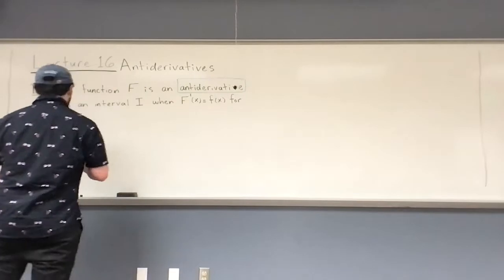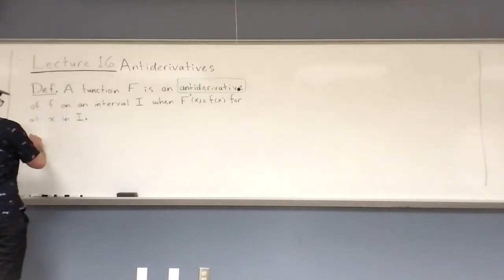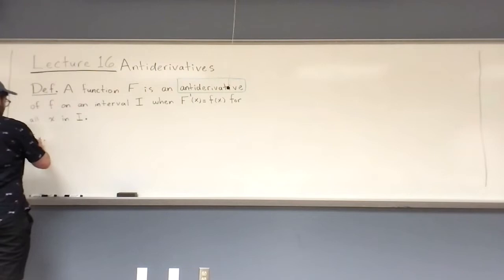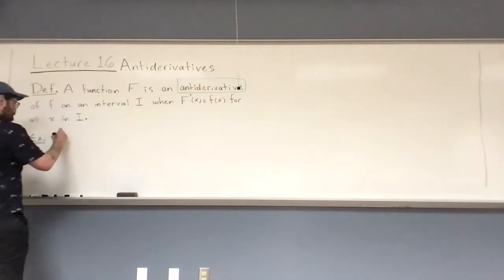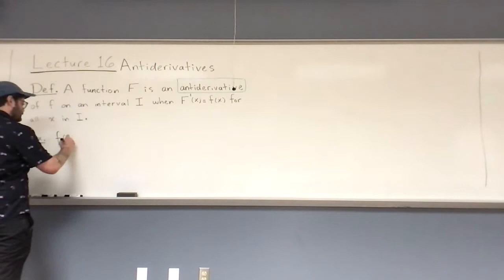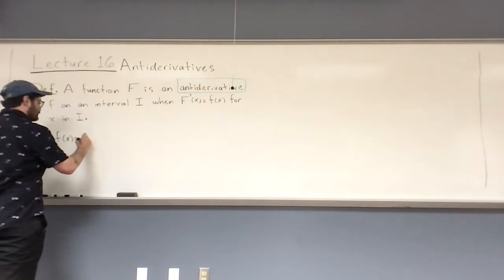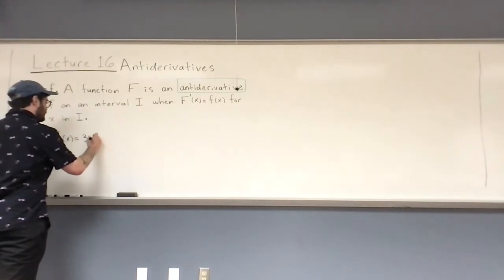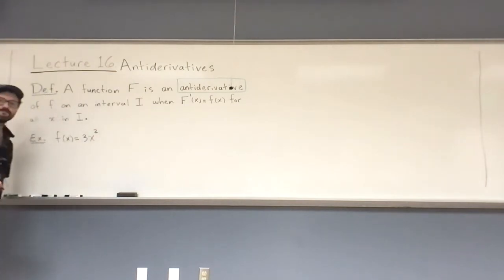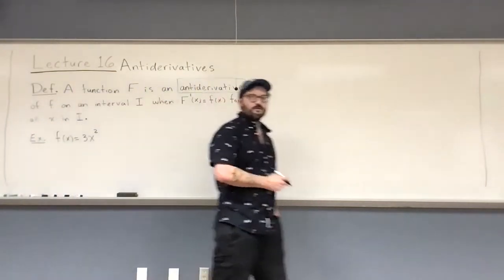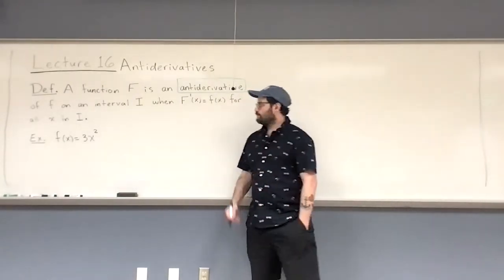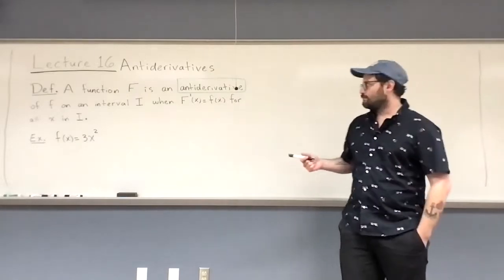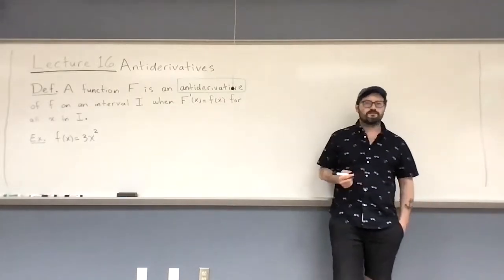So let's look at, I'll use, f of x equals 3x squared. All right, so this is just a simple polynomial function. A question might arise: what is an antiderivative of that function?